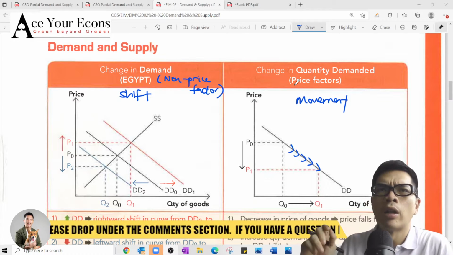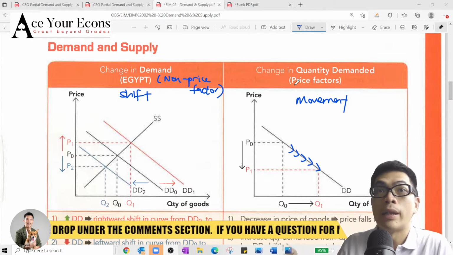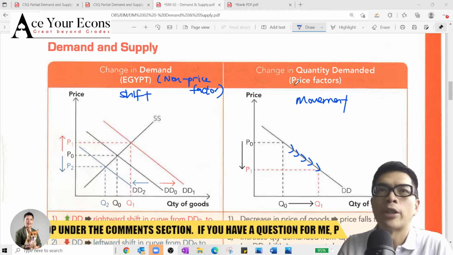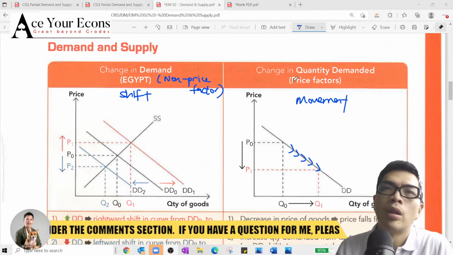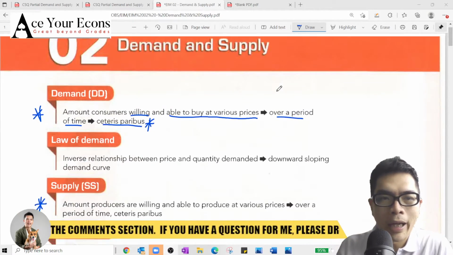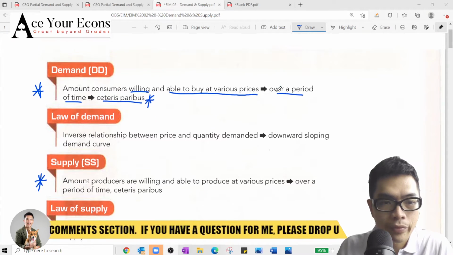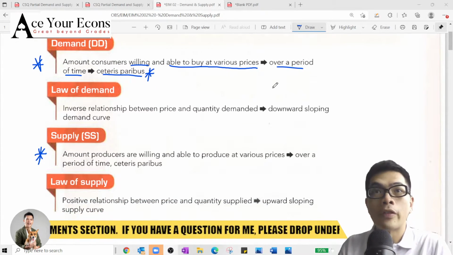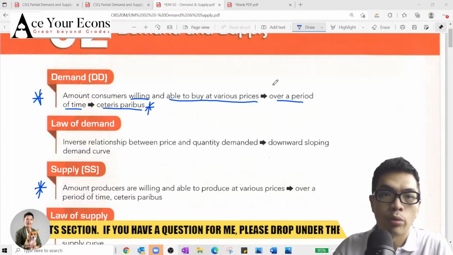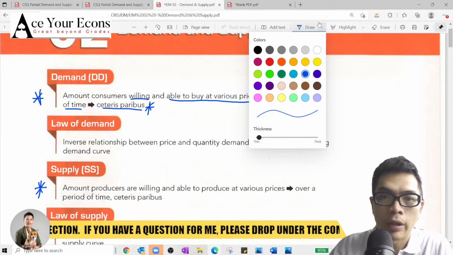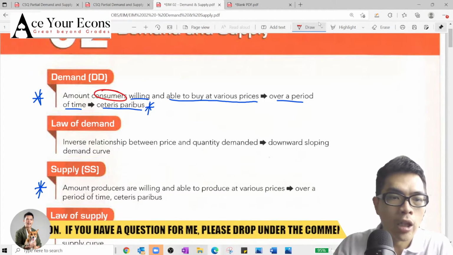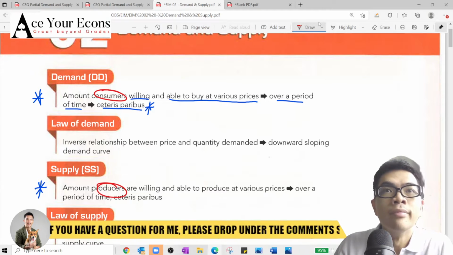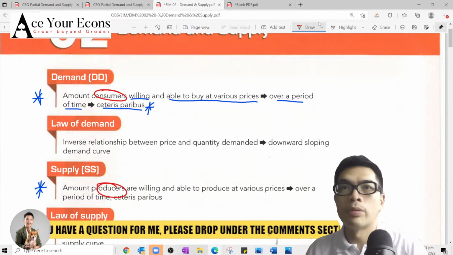But a lot of students get mixed up between demand and supply, especially if you're new to economics. So let's fall back to the definition again. One of the key criteria between these two is you need to look at who is the economic agent involved. For demand it is always the consumer.